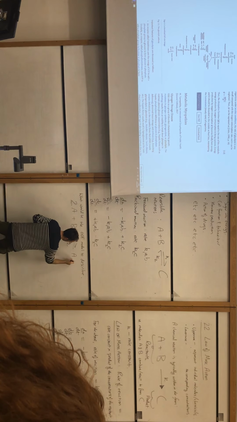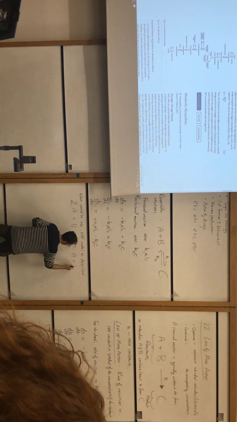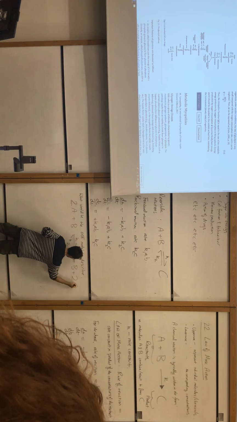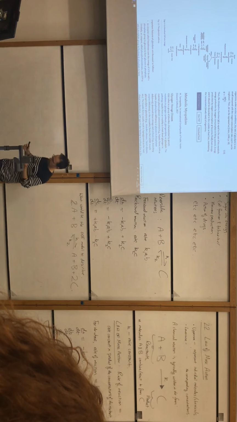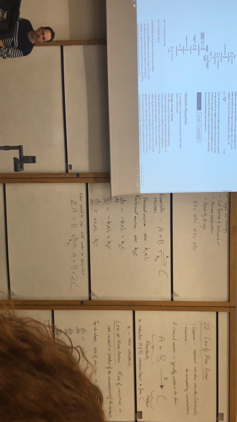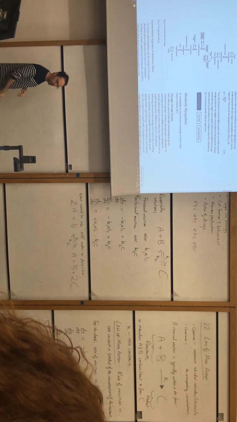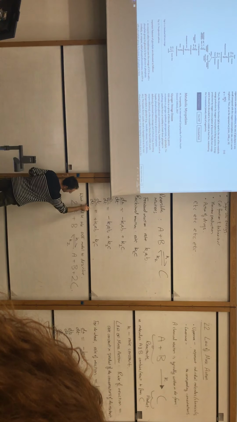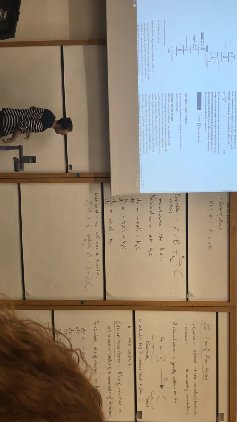2A plus B forms A plus B plus 2C. Okay. So we've got a reversible reaction. This is one that can take place in two different directions.